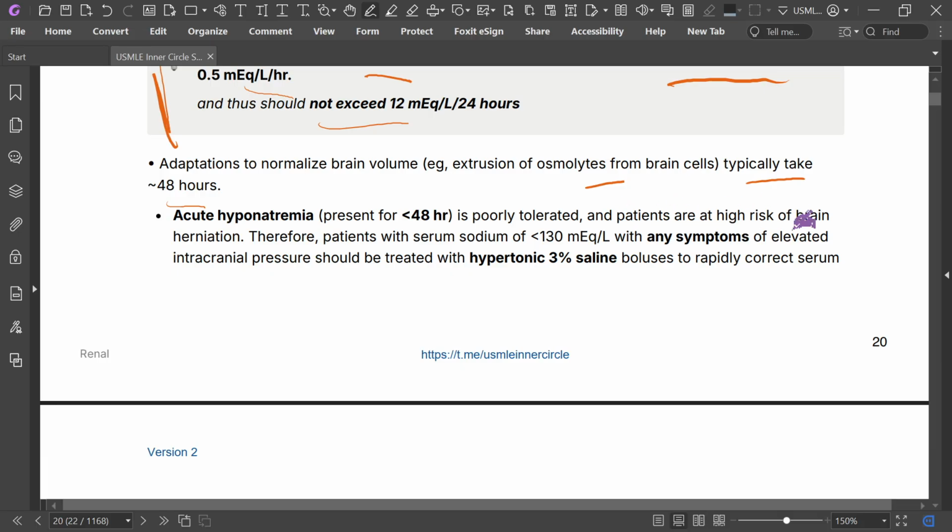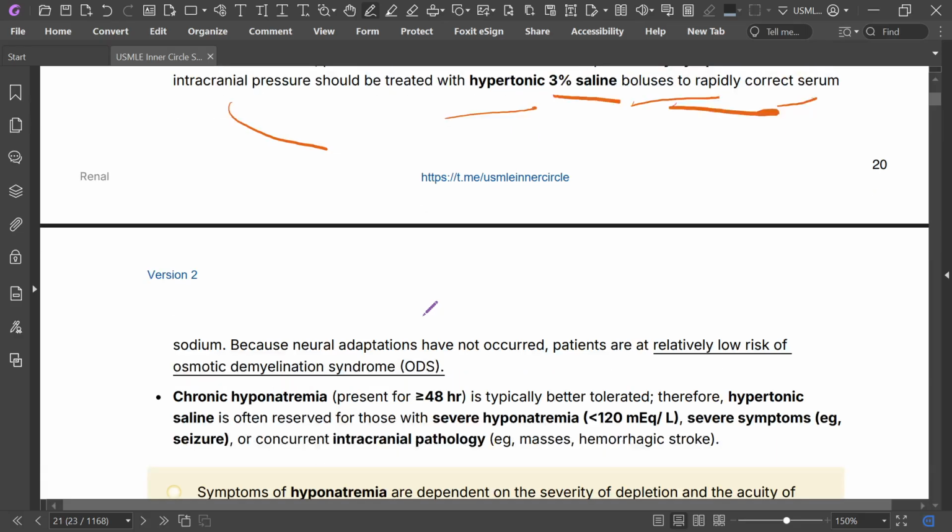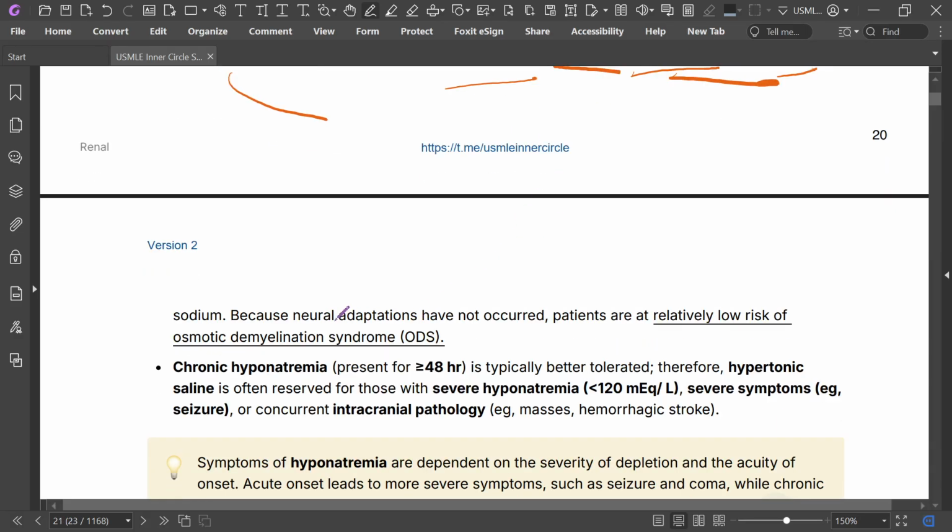Patients are at risk of brain herniation. Therefore, patients with serum sodium less than 130 with any symptom of elevated ICP should be treated with hypertonic saline bolus to correct serum sodium.